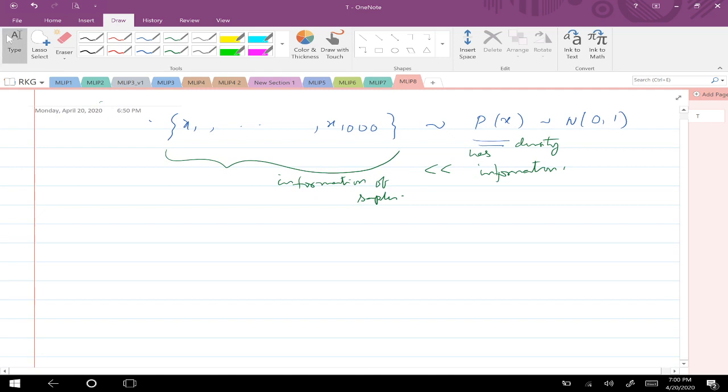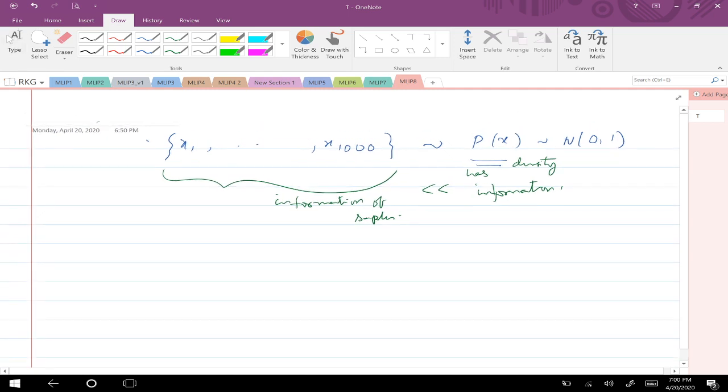Now these samples need not be in one dimension all the time. These samples can even be in multiple dimensions. For example, x1 may be a sample in higher dimension, and similarly x2 may be a sample in higher dimension, and so on. There are all 1000 samples here.